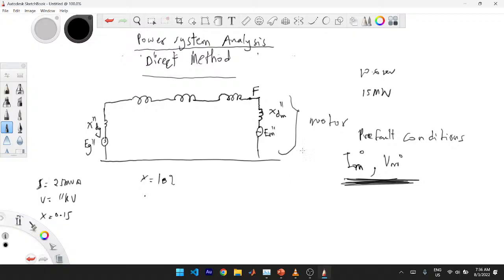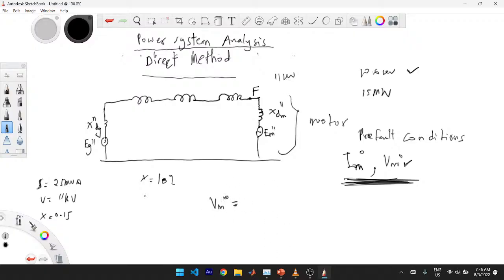All right. So first, how to find V_M naught? We're given that when the fault occurs, it's operating at 10.6 kilovolts, but the actual rating of the motor is 11 kilovolts. It was in the question.